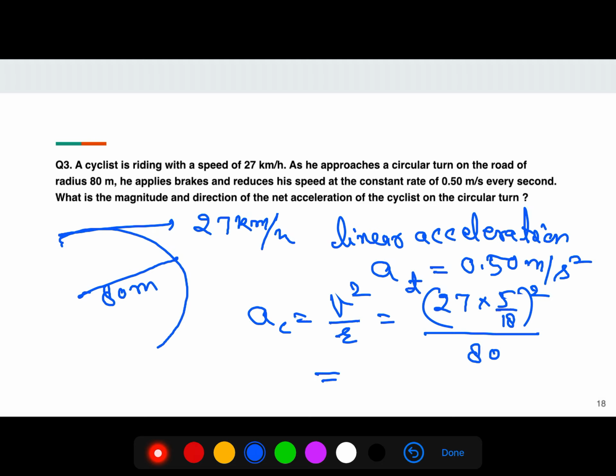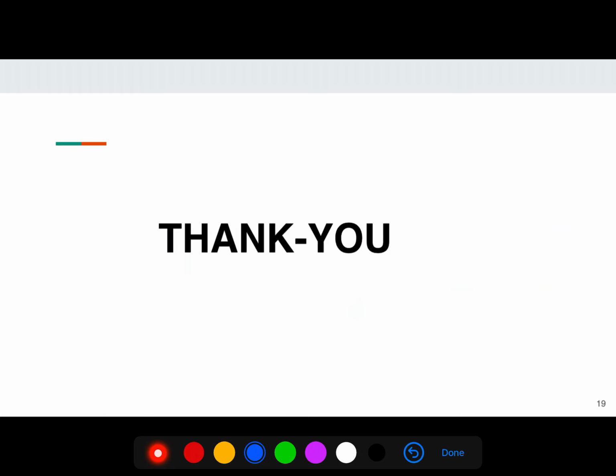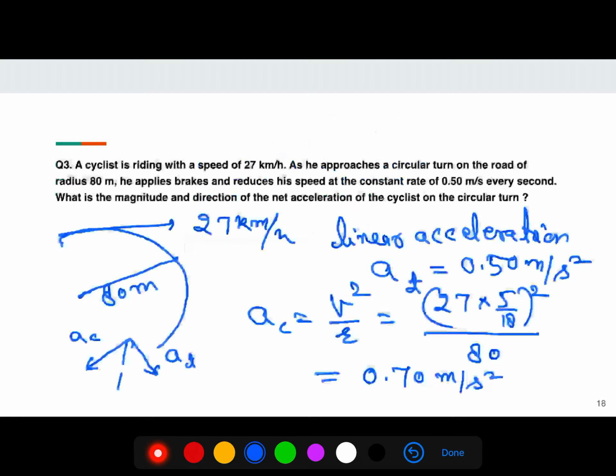So you will get 0.70. Now tangential acceleration and centripetal acceleration are perpendicular. So the resultant A is equal to root of AT square plus AC square, and calculate it. Thank you.